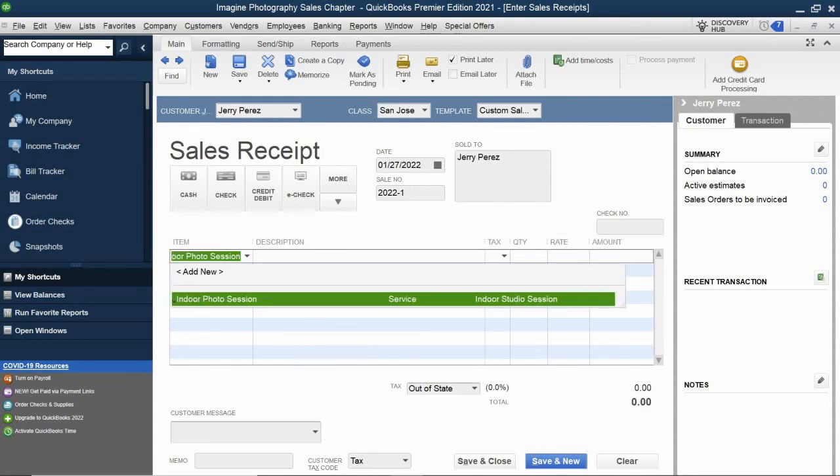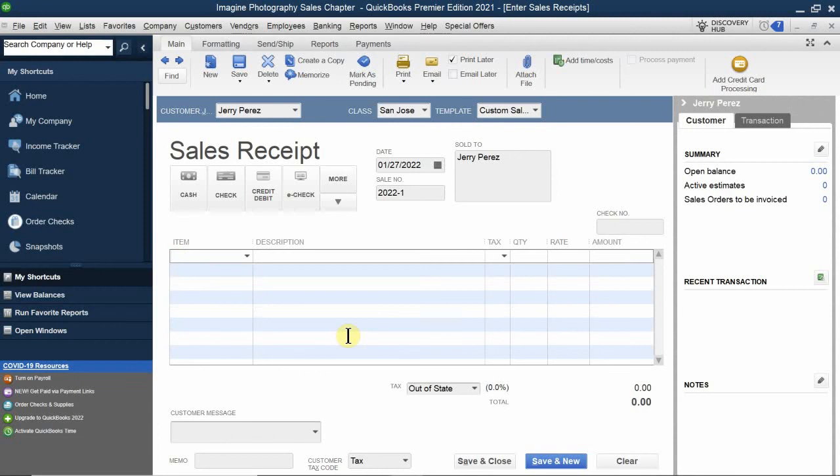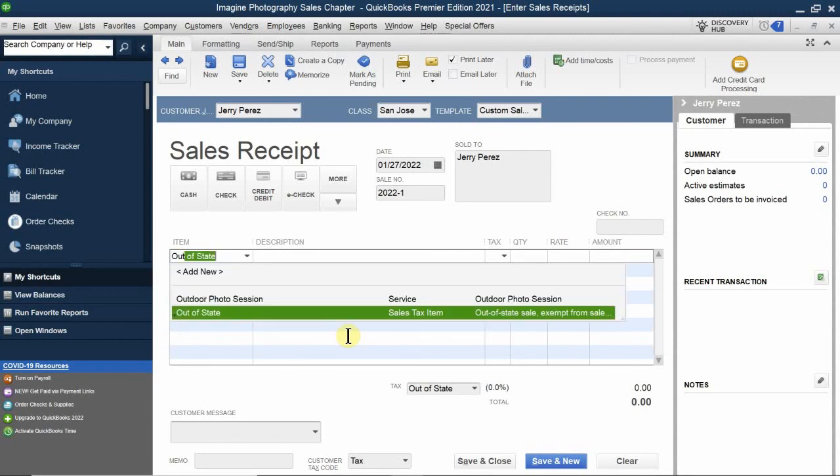In this case, we do have some indoor photo sessions. I keep saying Ron, his name is Jerry. Jerry bought 3 outdoor. So we have indoor and outdoor photo sessions, right? These ones are pre-made in our QuickBooks already.